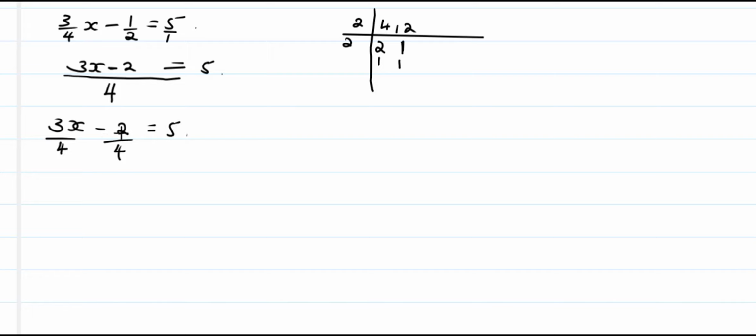Then from there, I can move this to the other side, and it becomes 3 over 4 x is equal to 5. Because this one was negative, 2 over 4, I can move it to the other side and it becomes plus 2 over 4. But you see 2 over 4 can be simplified by dividing by 2: 1 over 2, so it can be a half.